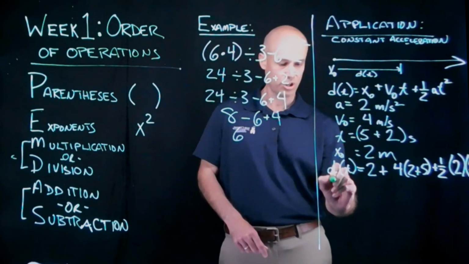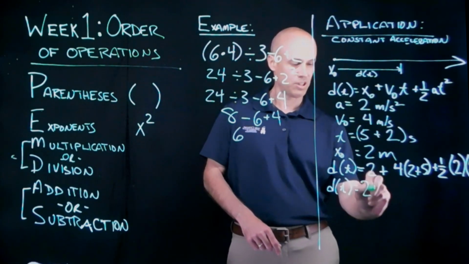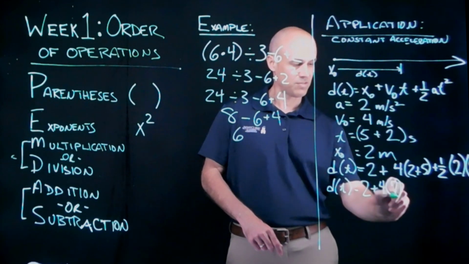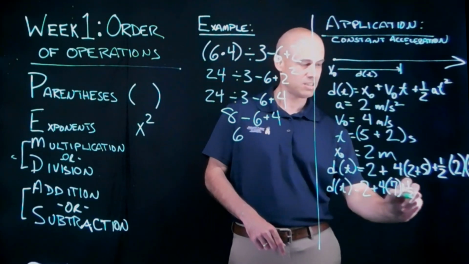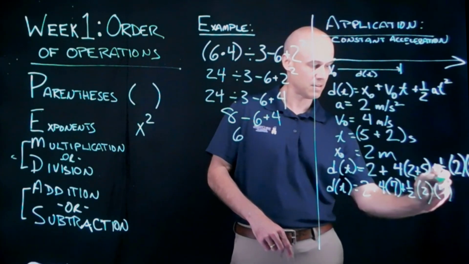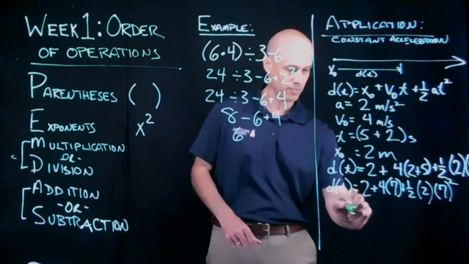Okay, so the first thing we're going to do is we're going to clear up our parentheses. 2 plus 5 is going to give us 7. Then we're going to move on to our exponents.